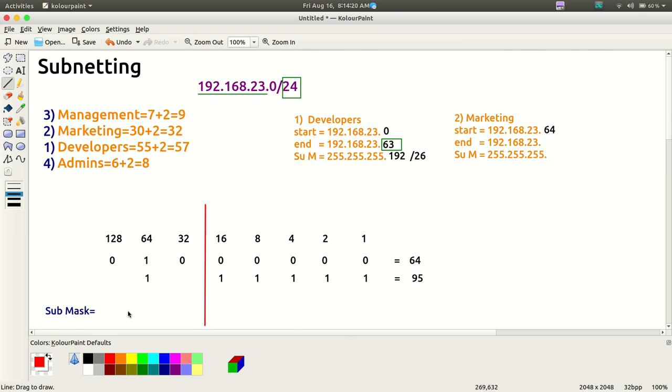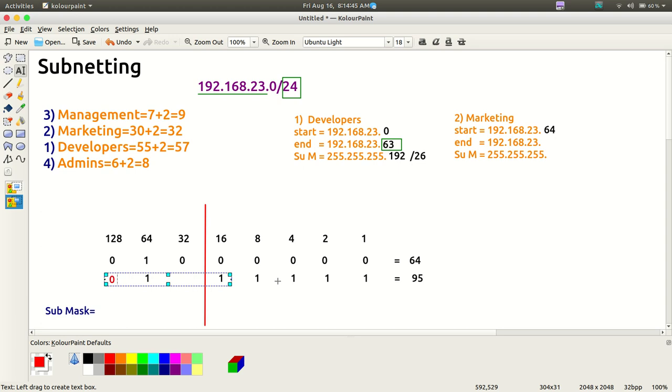Okay. Everything before this line will be as it was earlier. Like in this case, look above, you can see above this line, in the start IP address, everything before the line remains constant.